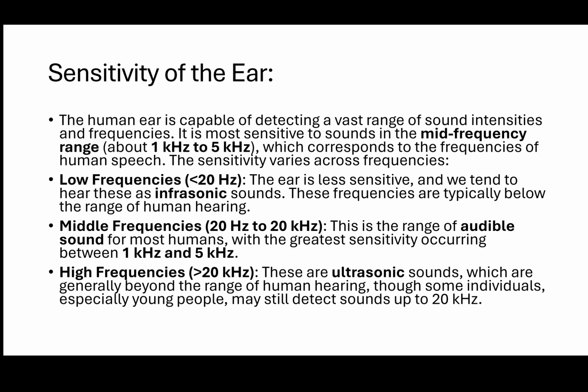High frequency sounds above 20 kilohertz are ultrasonic, generally beyond the range of human hearing, though some individuals, especially young people, may detect sounds up to 20 kilohertz. As we get older, our sensitivity of hearing goes down.